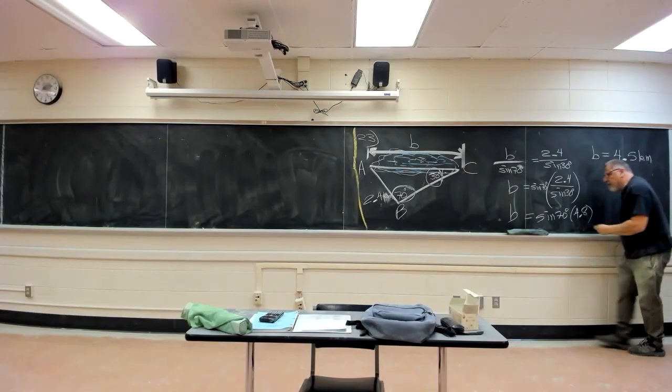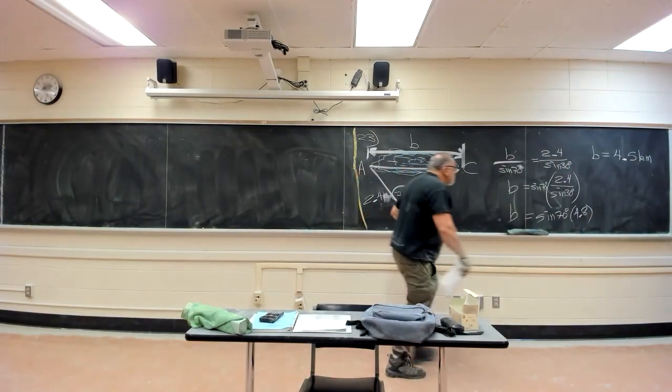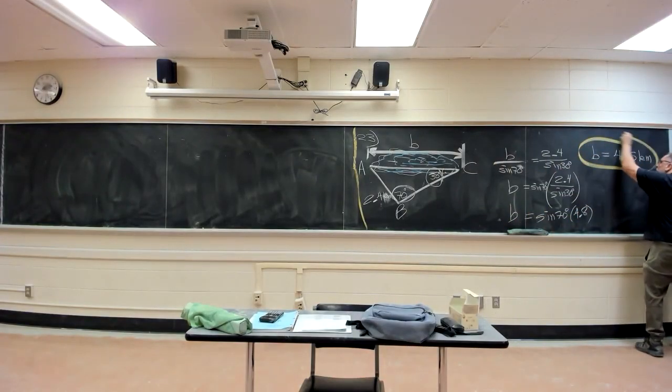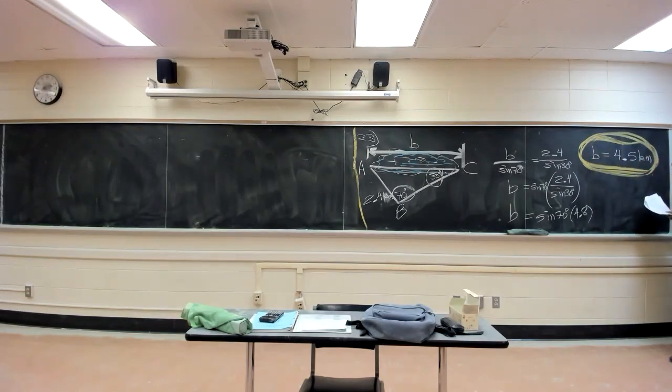Okay, good sized lake. B equals 4.5 kilometers across the lake.